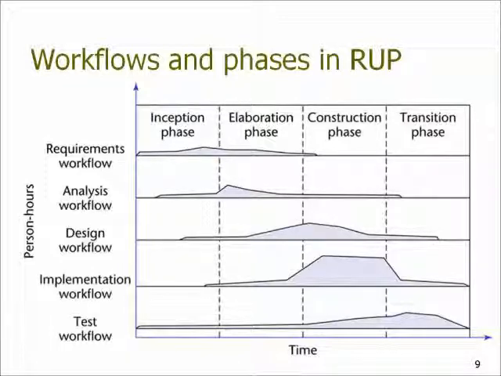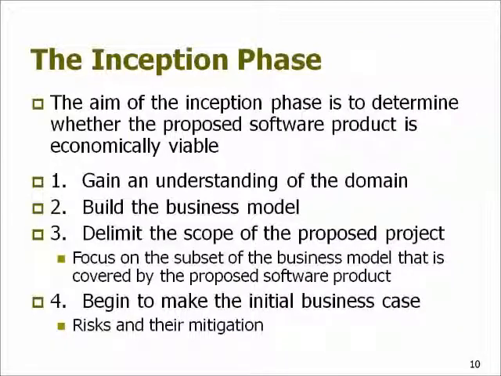Similarly, the requirements workflow stops around construction phase, because at that point we have to set down that these and these and these are the physical things or the actual attributes of the software. We can't commit to any more changes.